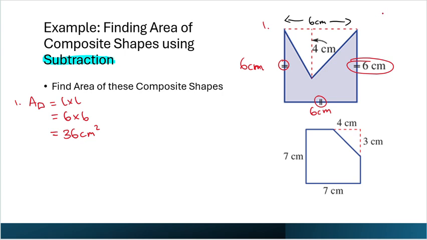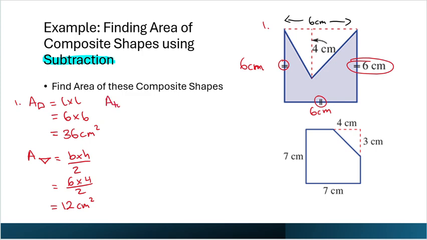So, if I were to draw this triangle, and then I flipped it around, it would pretty much look like that, eventually. So that's why I can tell it's a triangle. So A of triangle equals 6 times 4 divided by 2 equals 12 centimeters squared.